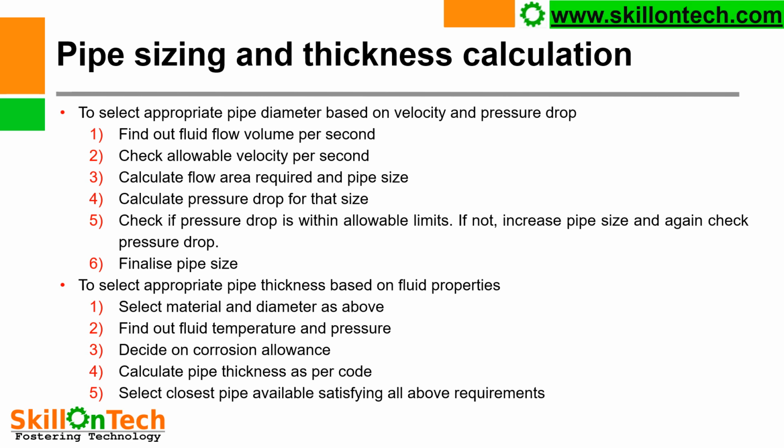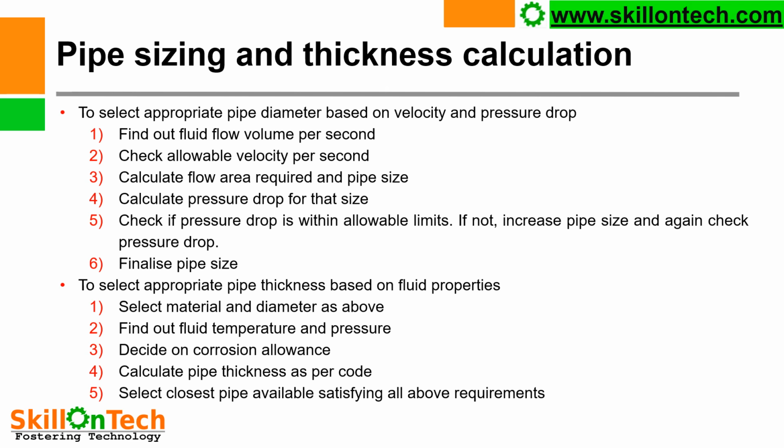Pipe sizing and thickness calculation. This is very important. Once we have come up with a piping project, pipe size selection and thickness calculation shall be made with regard to our pressure, temperature and flow.